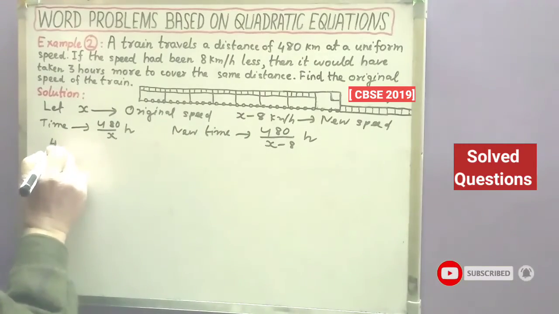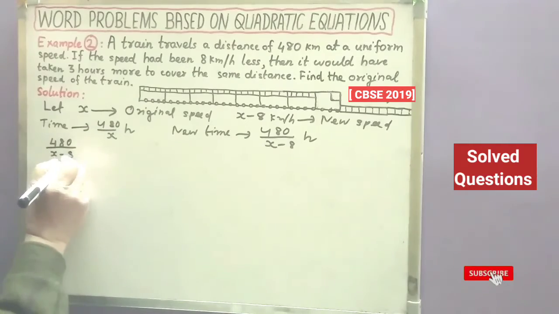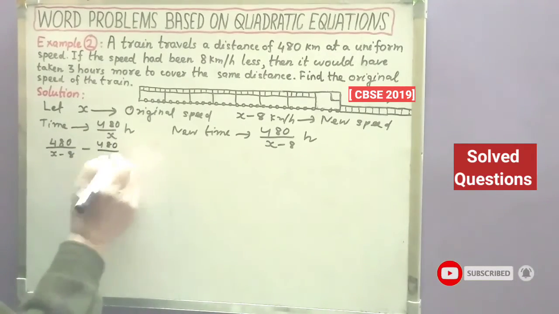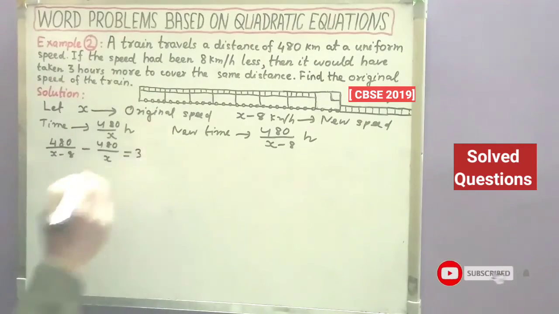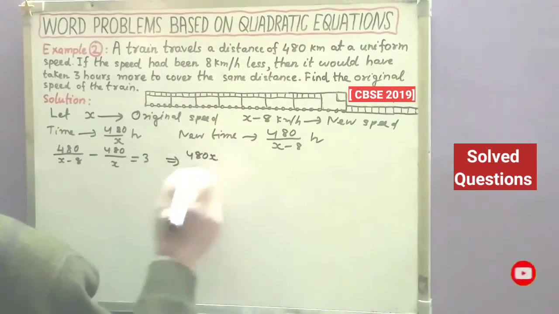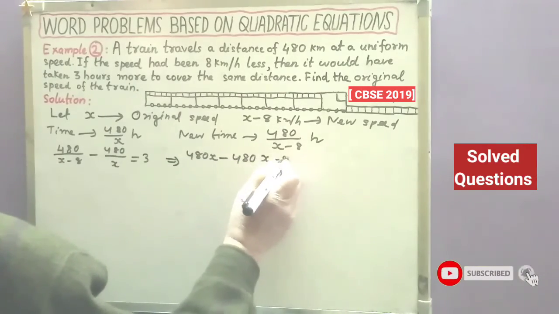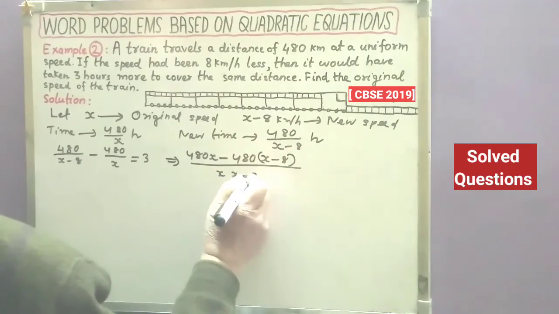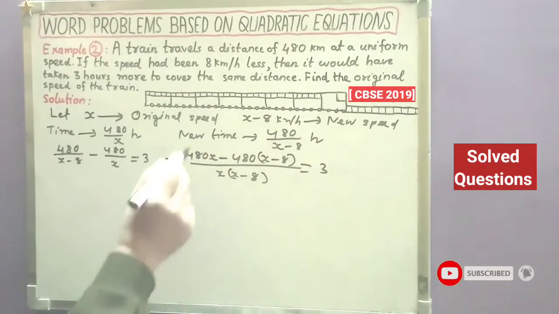Since the train has taken 3 hours more to travel the same distance, we have 480 upon x minus 8 minus 480 upon x equals 3. That implies (480x minus 480 into (x minus 8)) upon x into (x minus 8) equals 3.